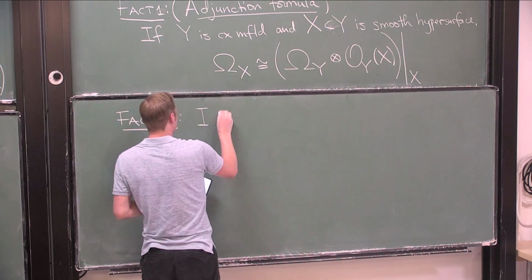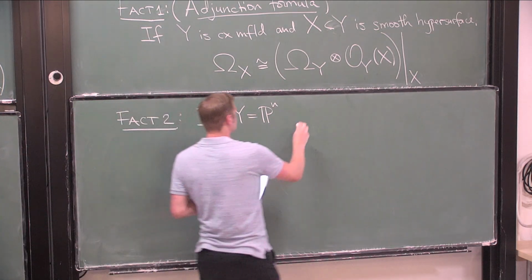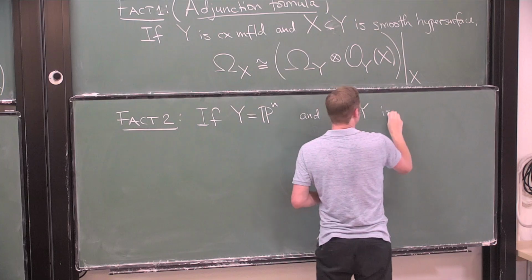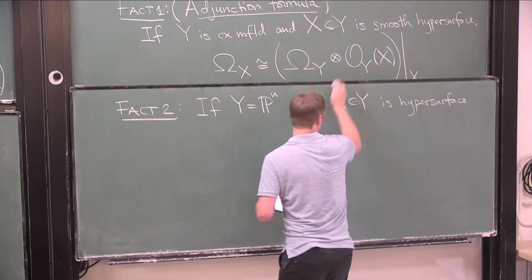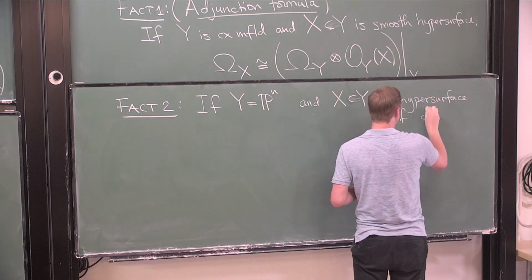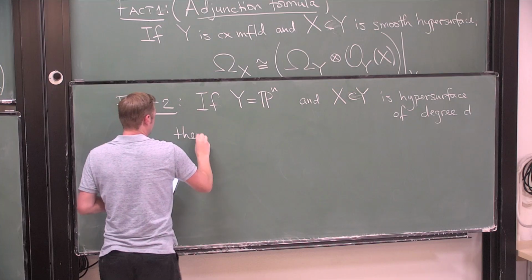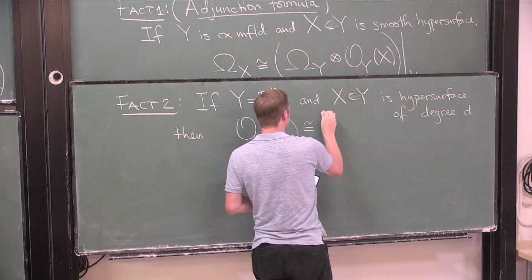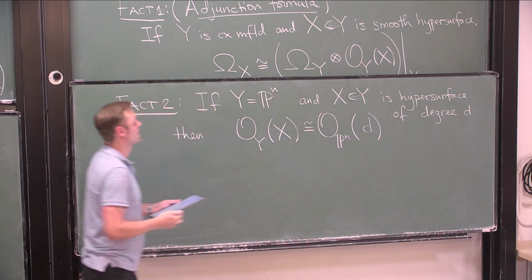So if Y is the projective space and X is a hypersurface of degree d, in other words, given by a homogeneous polynomial of degree d, then this twisting line bundle is exactly one of these O of K bundles, where K equals the degree of the hypersurface.